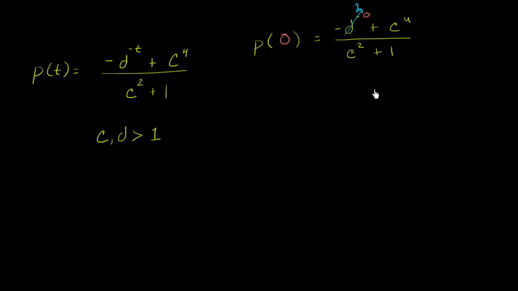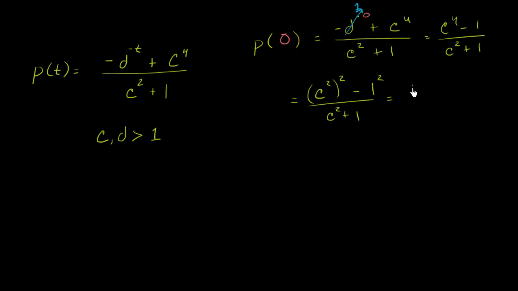And so the numerator here simplifies to, and I'll switch the order, c to the fourth minus 1 over c squared plus 1. And now this might jump out at you as a difference of squares. We could write this as c squared minus 1 squared over c squared plus 1.